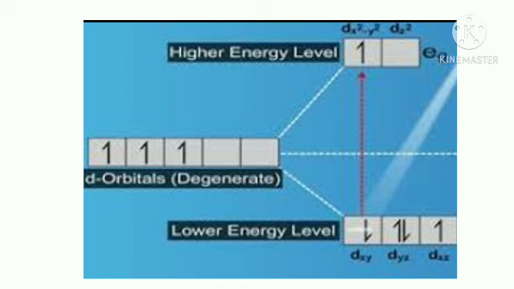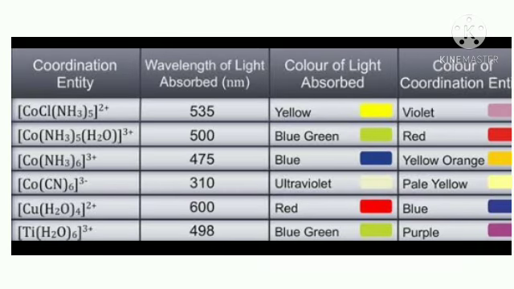So the distance between t2g and eg orbitals is different in a strong and weak field. So the energy of the photon absorbed will be different for different ligands, and so the color exhibited will also be different.